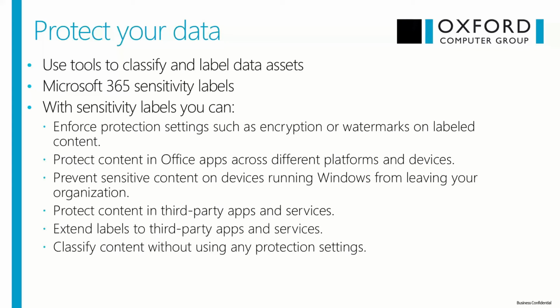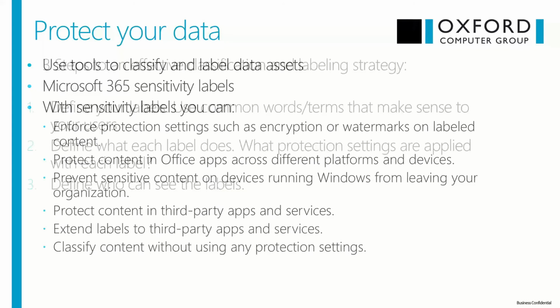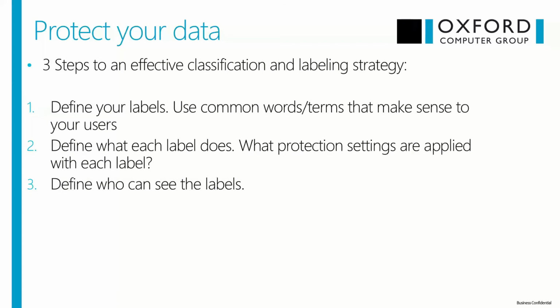And of course, in starting any kind of project, I'll move to the next slide, the 3 effective ways to do that is defining those labels. When doing so, you want to use common words and terms that make sense to the users. So for instance, Microsoft 365 sensitivity labels use words like personal, public, general, confidential, highly confidential, right?